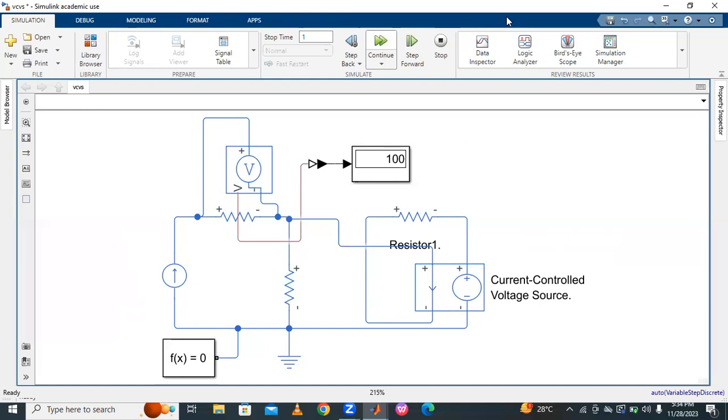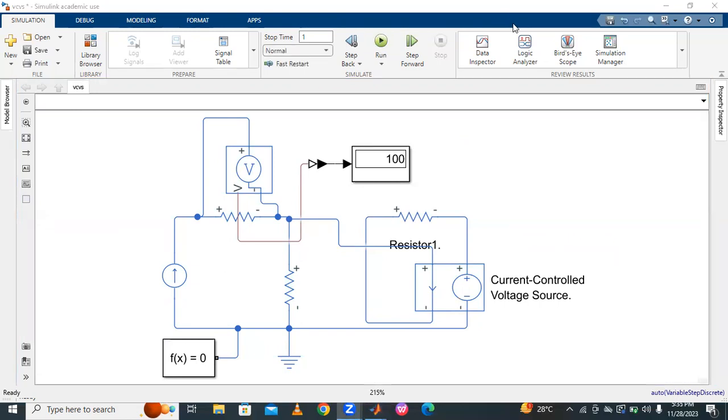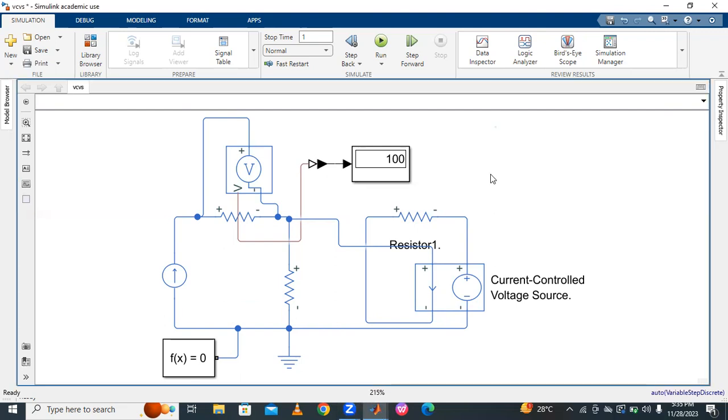Okay, so this is about electrical circuit simulation with the dependent sources for measurement of voltage, current, and also power. If you want to measure the power, take one power sensor and connect here.